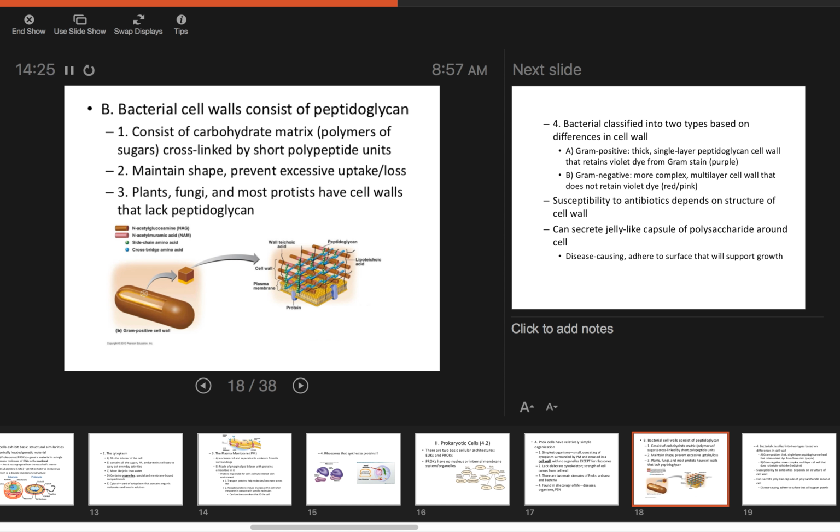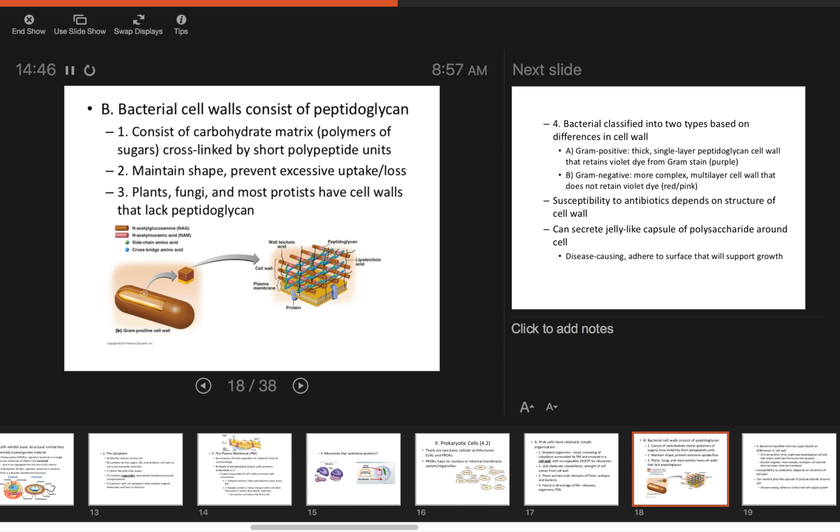So let's look at the cell wall made up of peptidoglycan. It's made of a carbohydrate matrix, basically a bunch of sugars cross-linked together, as you can see here, as well as some polypeptide units. So not only is it carbohydrates, but polypeptide, peptide should tell you what type of macromolecule. Protein.